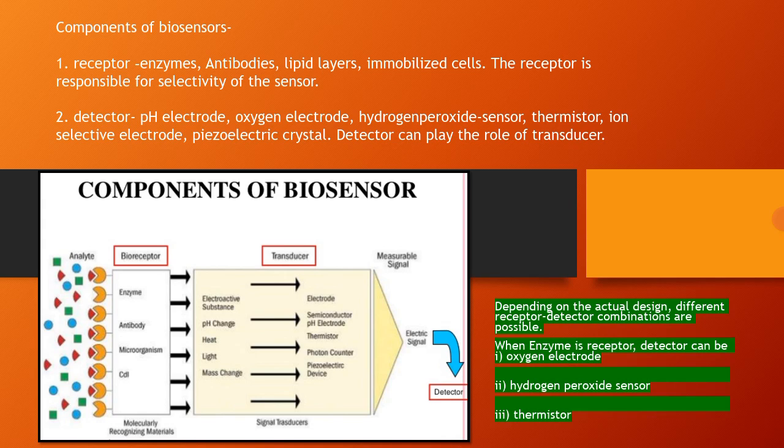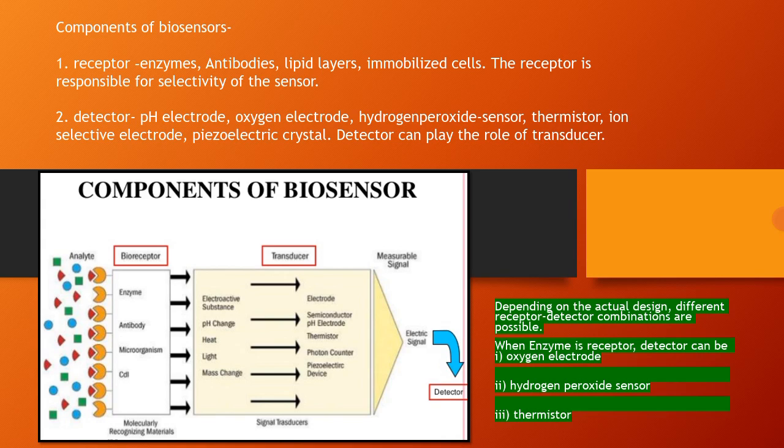Now again, in this picture you see the components of the biosensors, as we have mentioned some types of the receptor and the detector. So here they have shown, starting from the left hand side, the analytes. After that there is the bioreceptor. Now the bioreceptor can be the enzyme, the antibody, the microorganism, or the cell. Now there is the transducer.